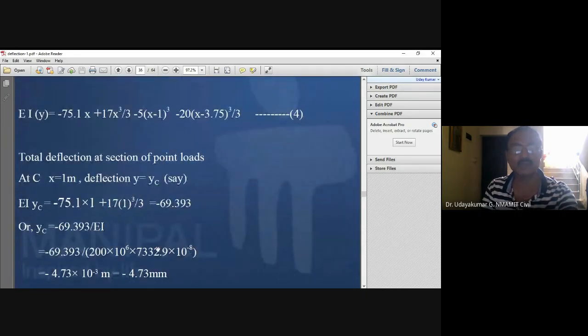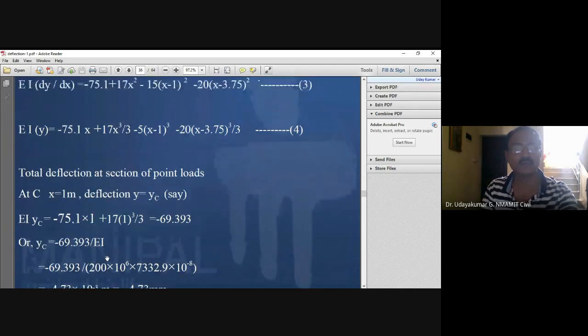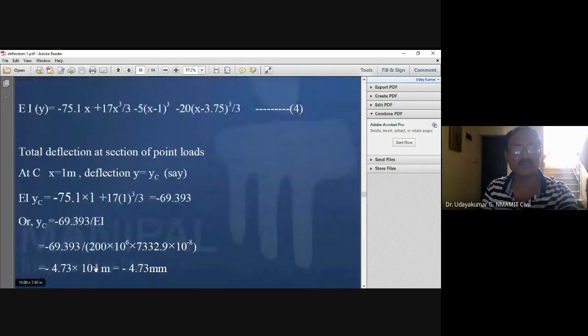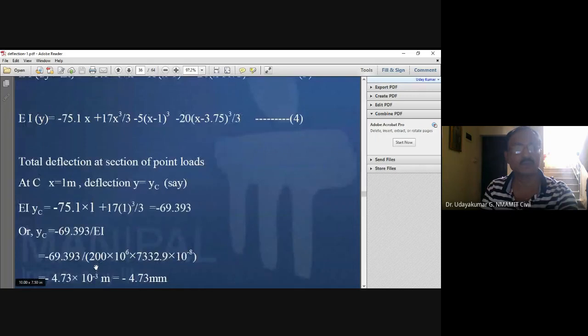That is finally what you get, 10 raised to minus 8 for that, and this is 200 into 10 raised to 6 Newton. Newton is what is taken here. EI should be 200 into 10 cube, because all these are in kilonewton.